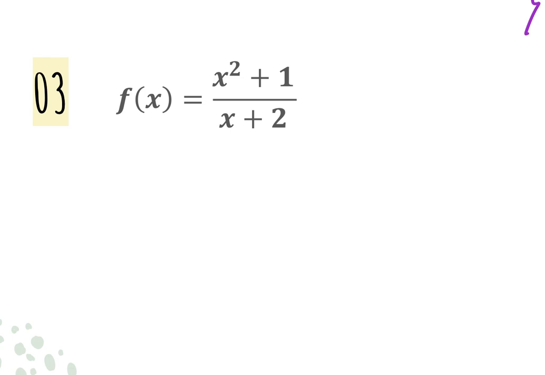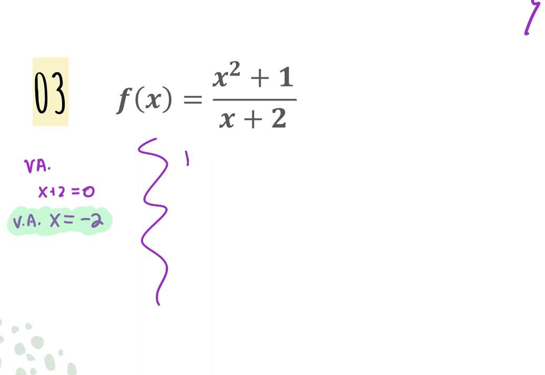Can I factor the numerator or the denominator? Can you factor x squared plus 1? No, right? If it was minus 1, we could factor it, but plus 1 we cannot. So there are no holes here. I didn't cancel anything out. So now I go to the vertical asymptote. I set the denominator equal to 0, and I get x equals -2. Then I go to the horizontal asymptote.